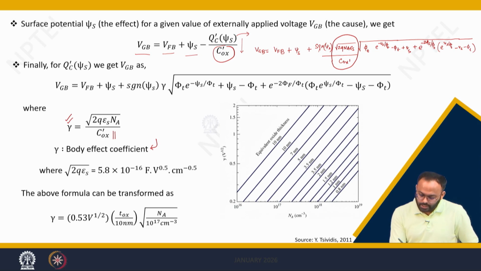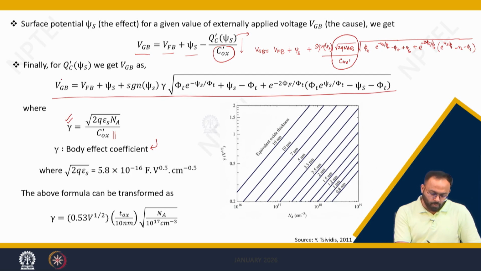Here this equation can be written as a closed form equation which relates the gate voltage, which is in our hand, the gate body voltage applied, the resultant surface potential and the total channel charge, right. To make it simpler, we can use some known values like q and epsilon s.